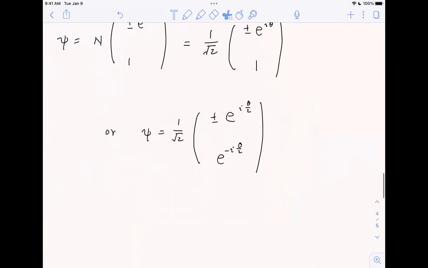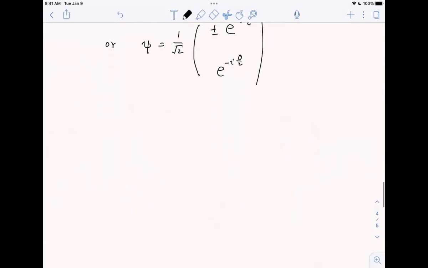Okay, so this is the wave function, and you need to know that this is a spinor. So this is the state of the spin. So different states of the spin will give you a different energy. So let's look at the top view.